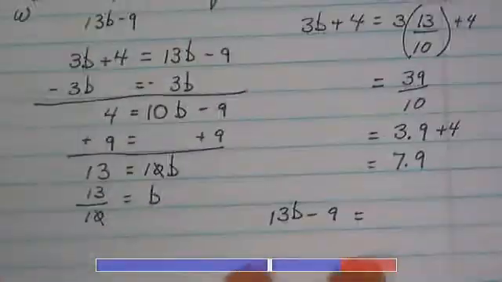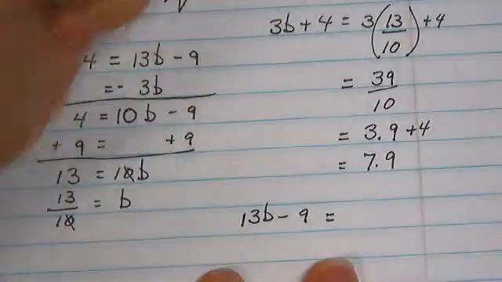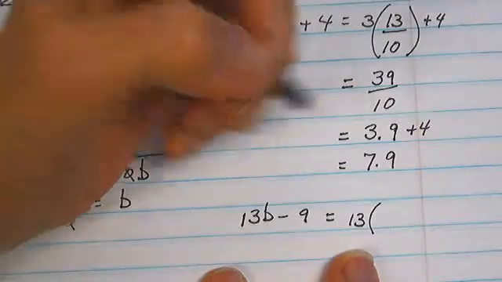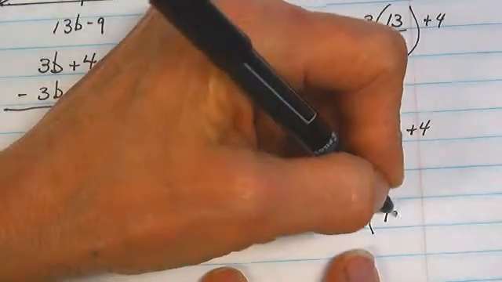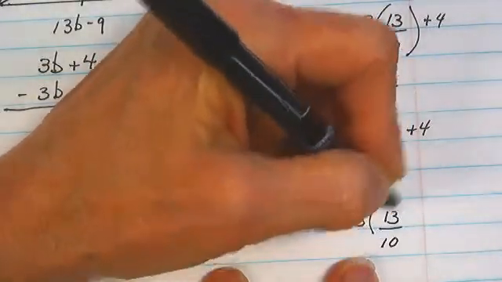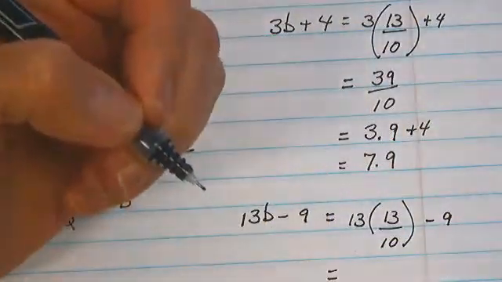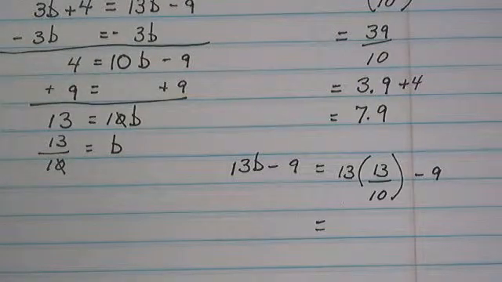let me show you what I'm doing. 13 times 13 divided by 10 minus 9. 13 times 13 is 169, perhaps.